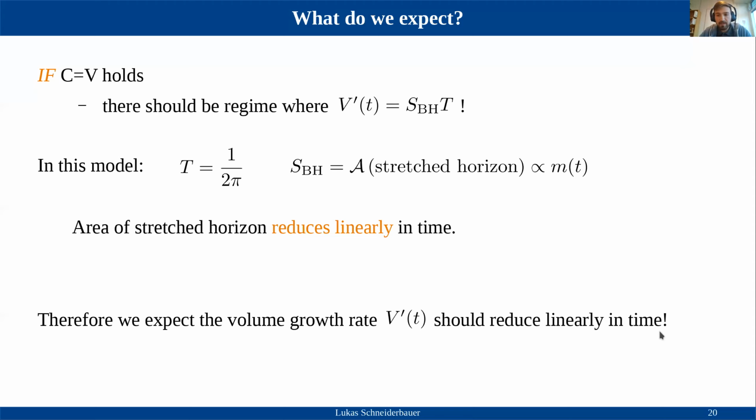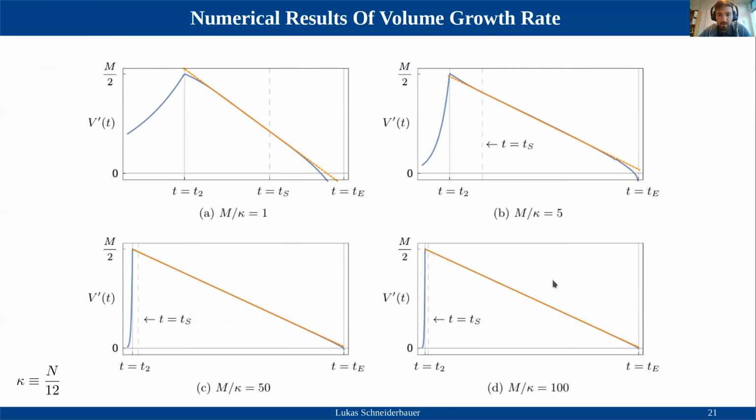On the other hand, we also cared about the complexity equals action computation, which I'm not going to talk about today, but there it is actually possible to do an analytic continuation. So that should be a very promising future remedy. But okay, for now we have to do numerical calculations. So what is the outcome of those calculations?